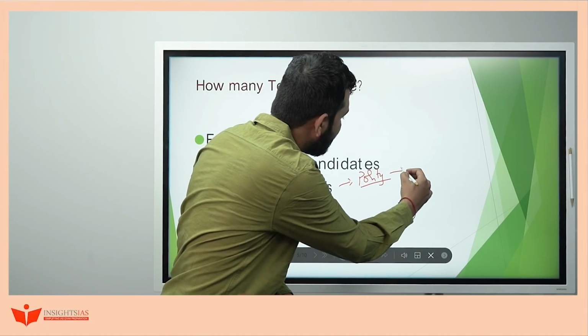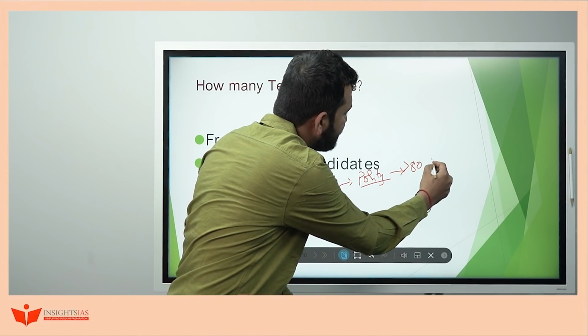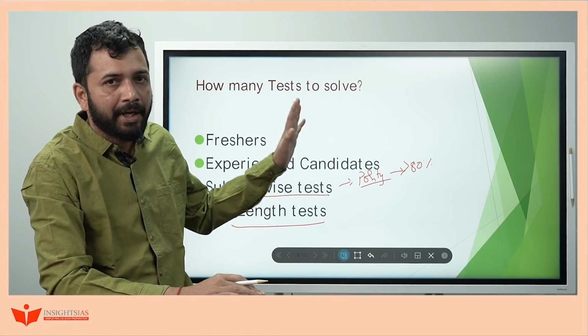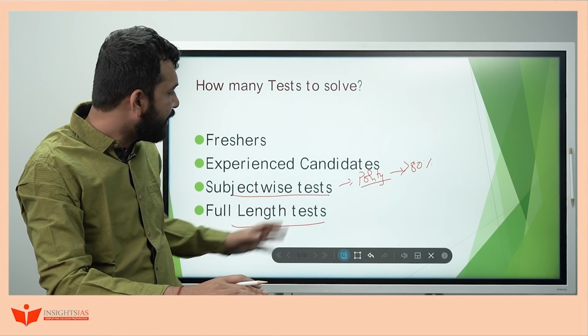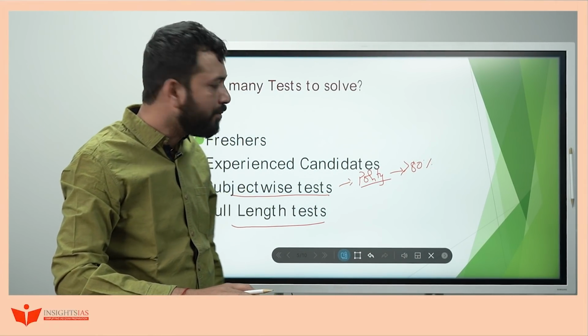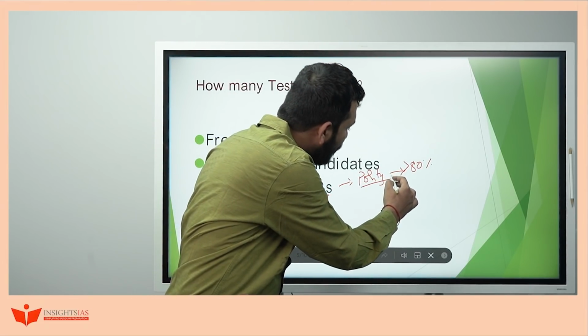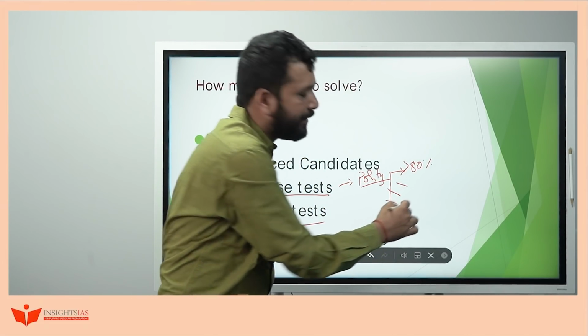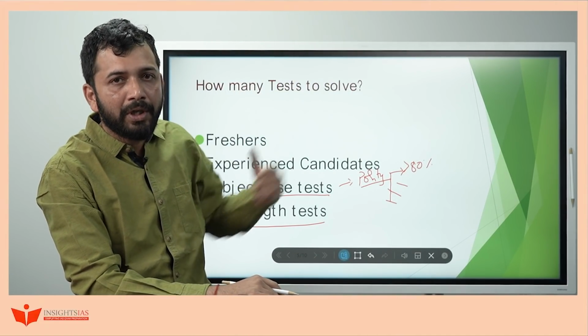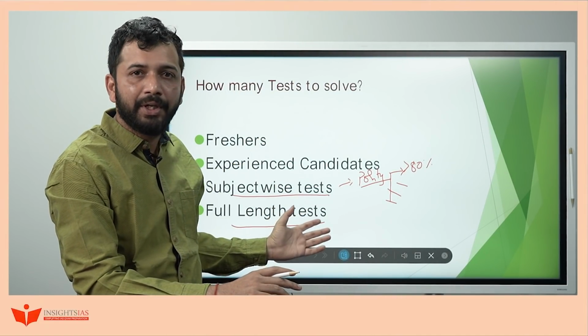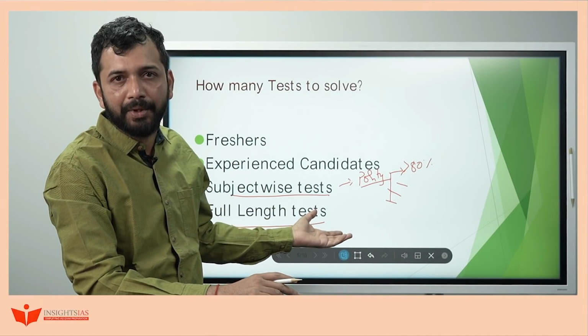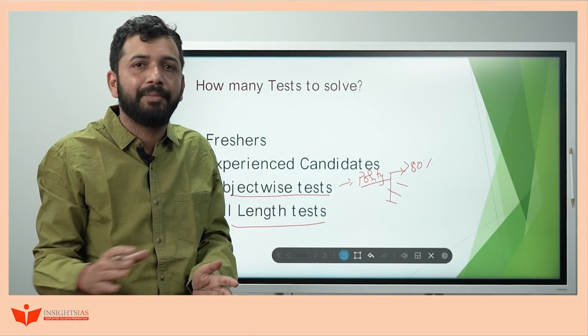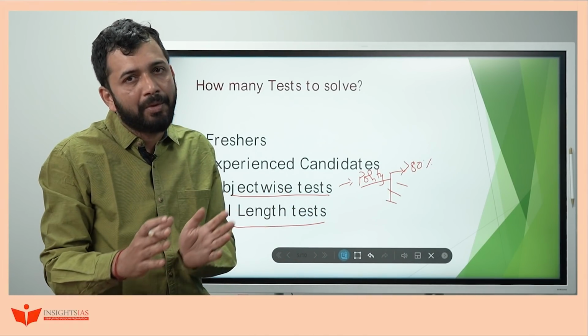Let's say I have an accuracy of more than 80% in the subject of polity. At that point of time, there is no need to solve too many polity papers. You can only look for the topics which are not covered in your conventional source from the other papers. You don't need to solve the same kind of paper again, because you know that your performance is quite good here.